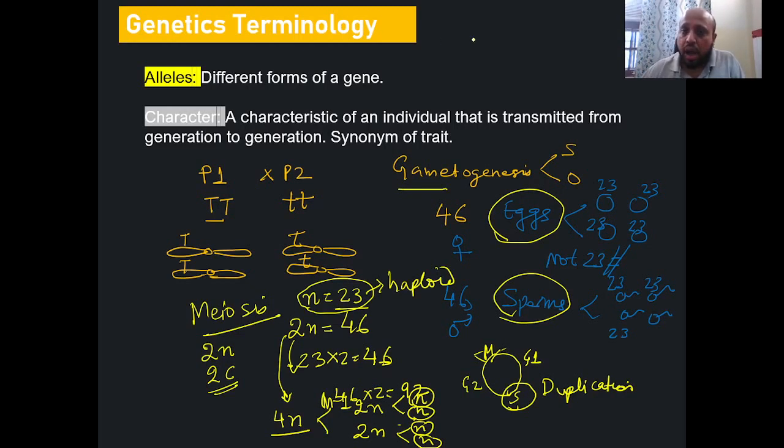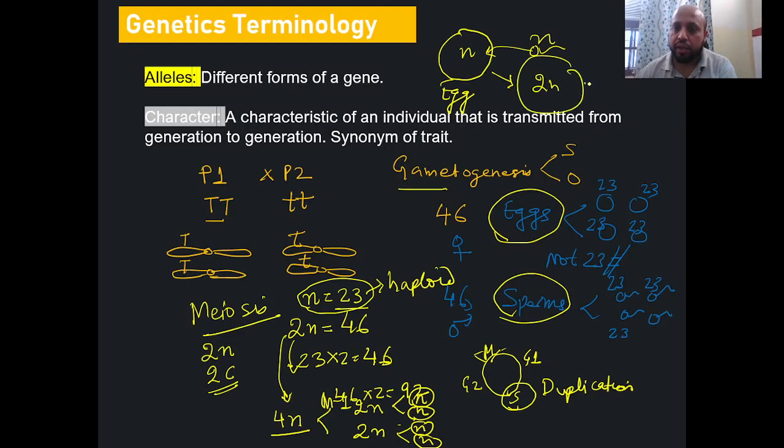Now during the process of fertilization, this is an egg cell, let's say, and this is your sperm. It comes and fuses. So this has an n number, this has an n number, and they fuse to make a 2n number, or a zygote.